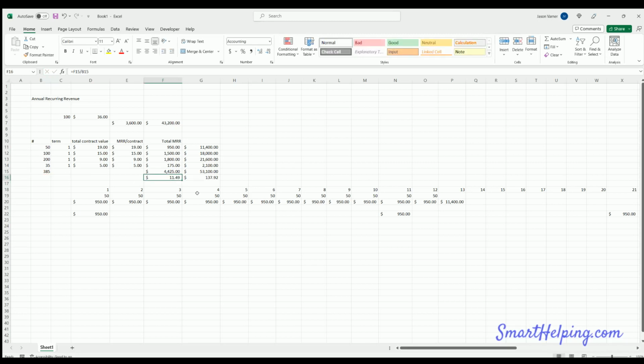So 1149, that's your weighted average. You could also do that with the varying contract lengths, the same calculation, just whatever your annual normalized monthly and annual recurring revenue is divided by the number of people, and that's your weighted average value per contract.